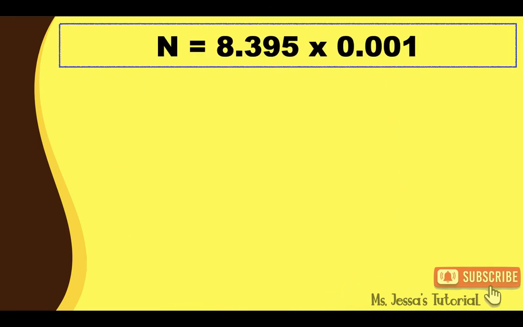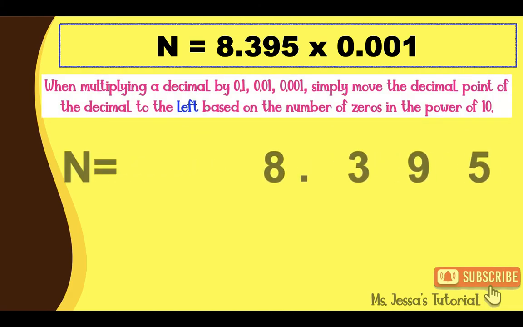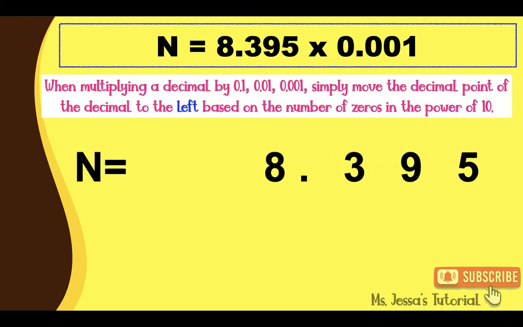How about if we have this? N is equal to 8.395 times 1,000. So here, children, how many zeros do we have? Good job, we have 3 zeros. So that means we're going to move thrice to the left. So let's do it together. 1, 2, 3.